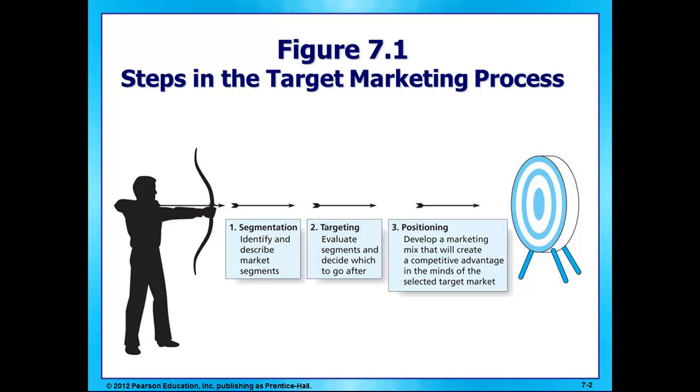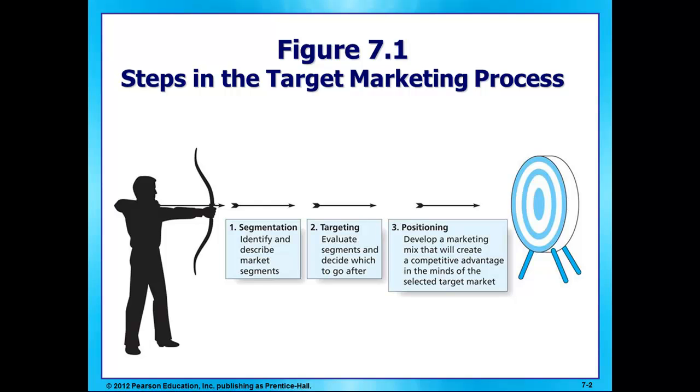There are 3 steps in the STP process, and the metaphor here of the person shooting the arrow into the bullseye is that marketers want to narrowly define the market segments in order to target those that are most receptive to their offering.